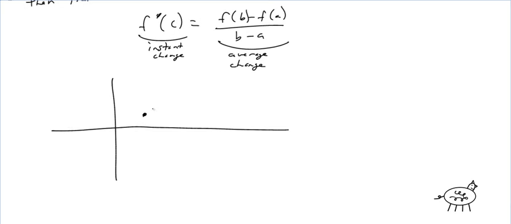Okay, here's a function, and we have points A, so this is (A, f of A), and this is (B, f of B). Okay, and here's your secant line.